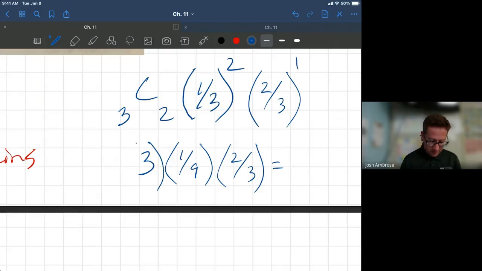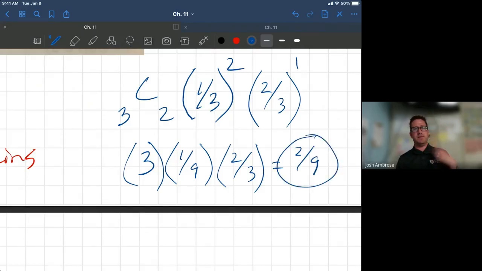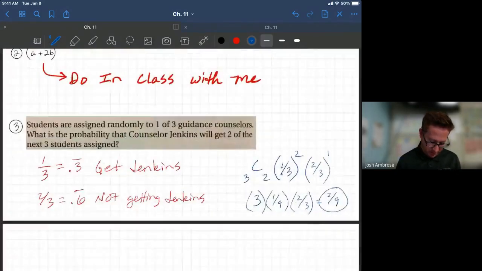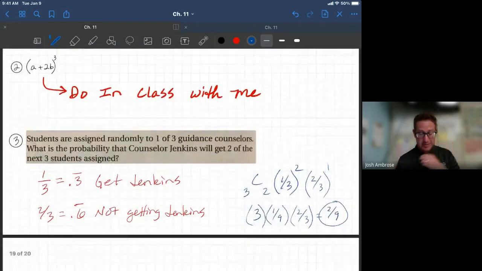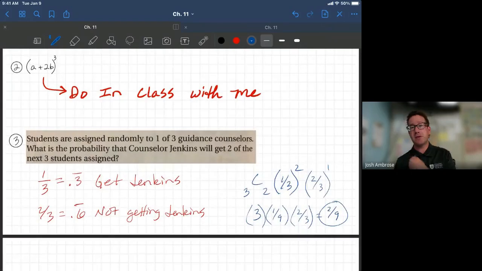I recommend that you just put everything in parentheses. It's going to make your life a lot easier using parentheses in the graphing calculator. Plug that in, hit enter, simplify it down, and you get a 2/9 chance of what you are looking for here, that the next 2 get assigned to Counselor Jenkins. You have a 2/9 chance.